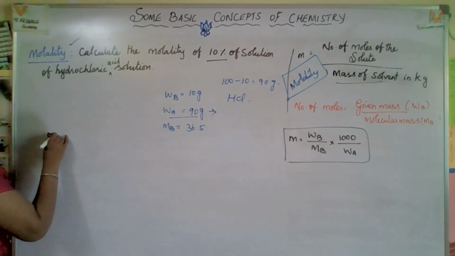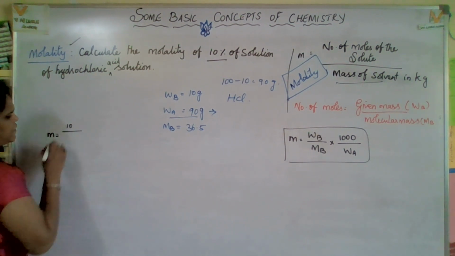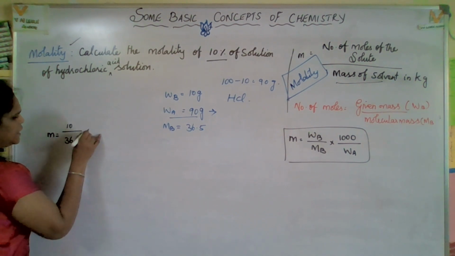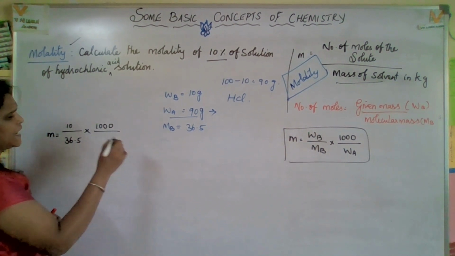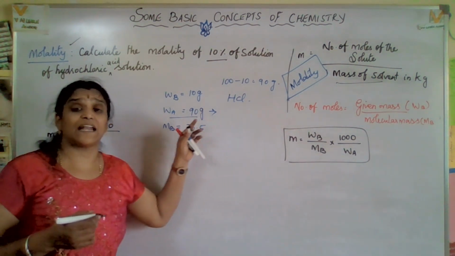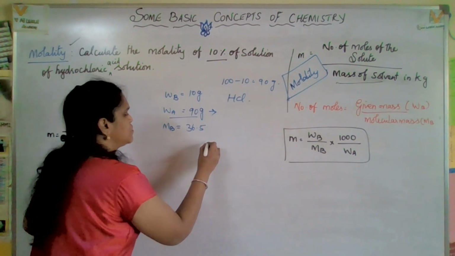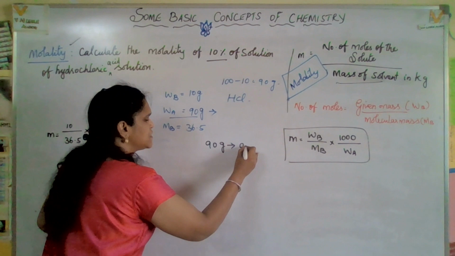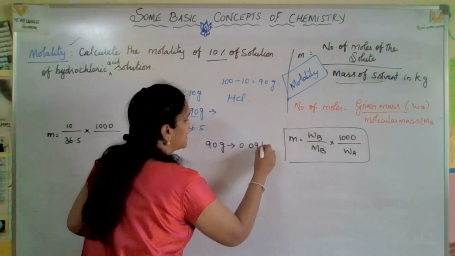So small m equals WB, the given mass, 10 divided by molecular mass 36.5 into 1000 divided by 90 grams. See, it is actually grams, I forgot to tell even in the last sum also. Grams must be converted into kg, so 90 grams means 0.09 kg.